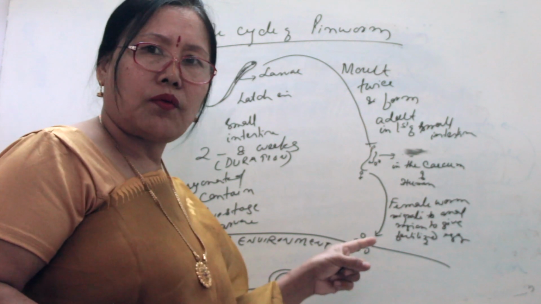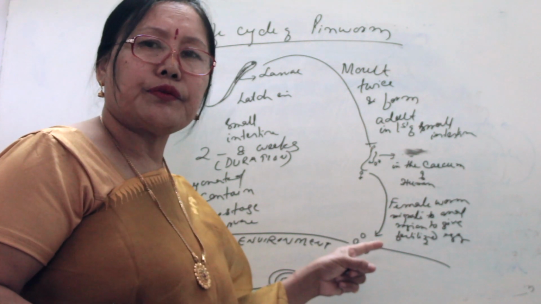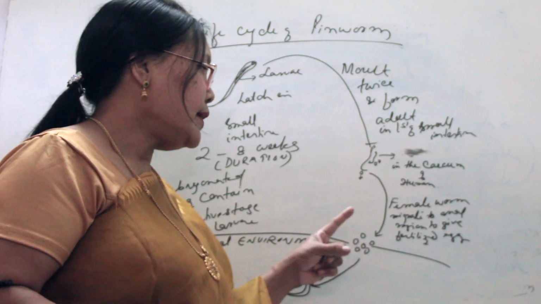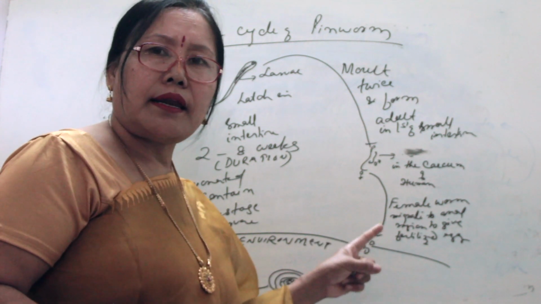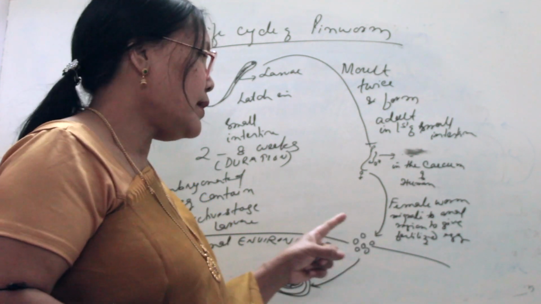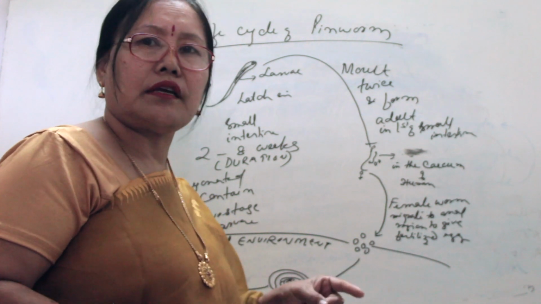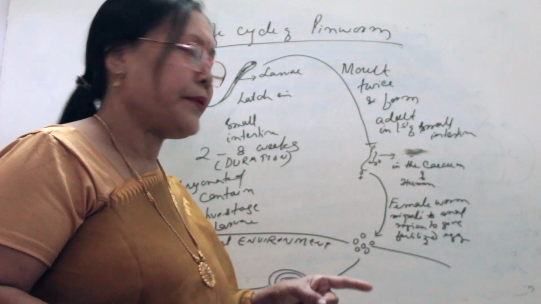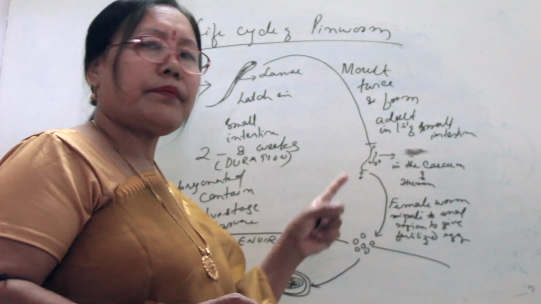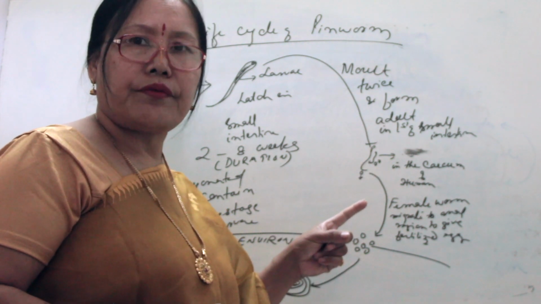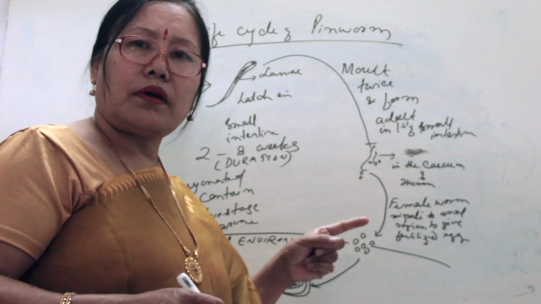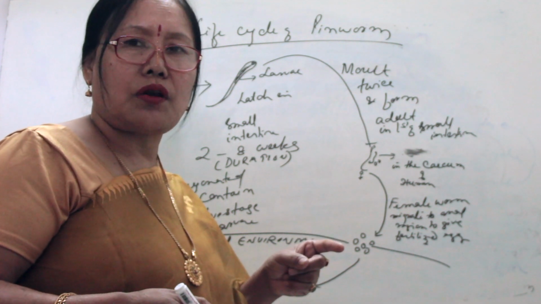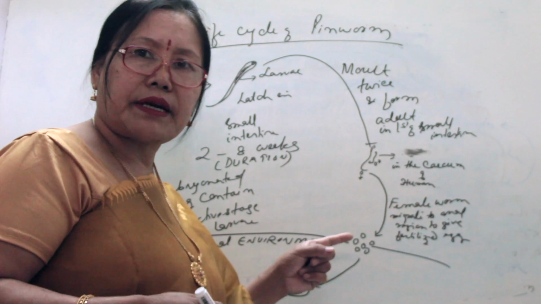Usually the female worm can give 11 to 15,000 eggs, and this female worm can live 13 weeks, and after giving all fertilized eggs, the female worm dies. Whereas the male worm can live for 7 weeks. After that, the male worm also dies and passes along with the feces of the infected person.